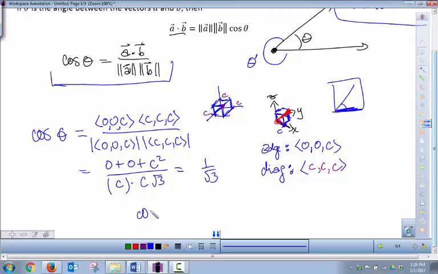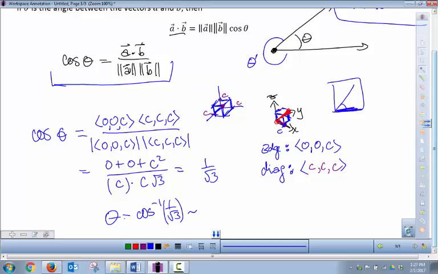And now the cosine inverse of 1 over root 3. This is a time when you might be interested in going into degrees instead of radians, just so your result is understandable.